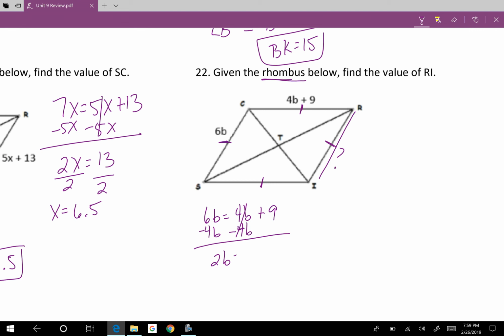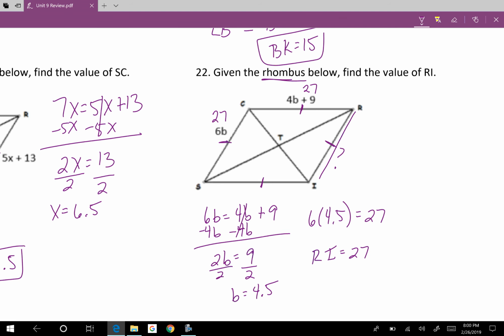So 2B is equal to 9. Divide by 2. So B is equal to 4.5. And so now all you got to do is plug in 6 times 4.5. That will give you 27. So each of these is 27. So RI is 27.